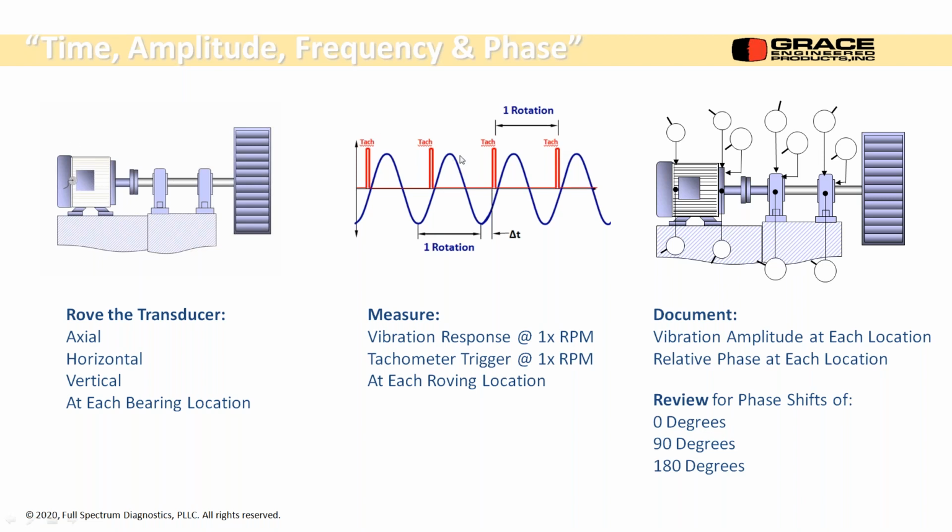Every time the heavy spot goes by, I get a pulse. So if I know the distance between that tach and that pulsing, and I can equate it to phase, I can see what angle my heavy spot is.